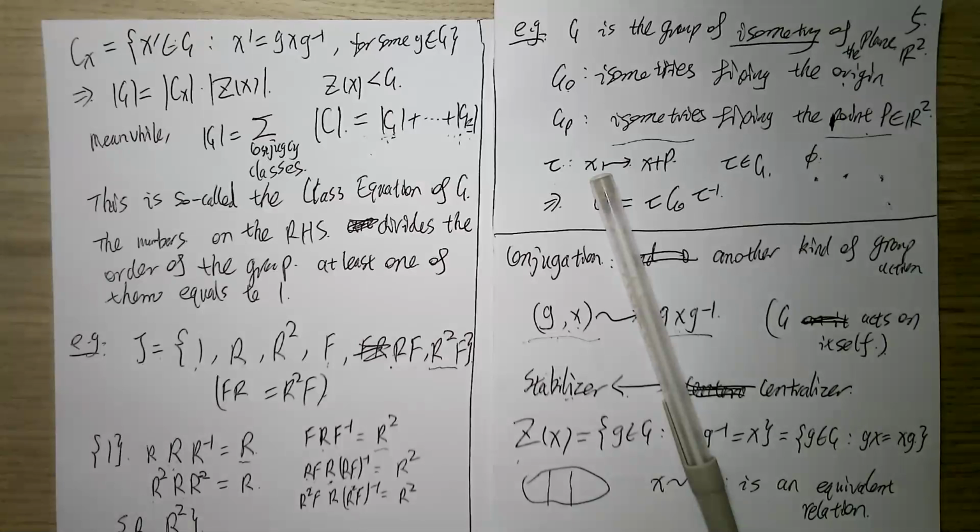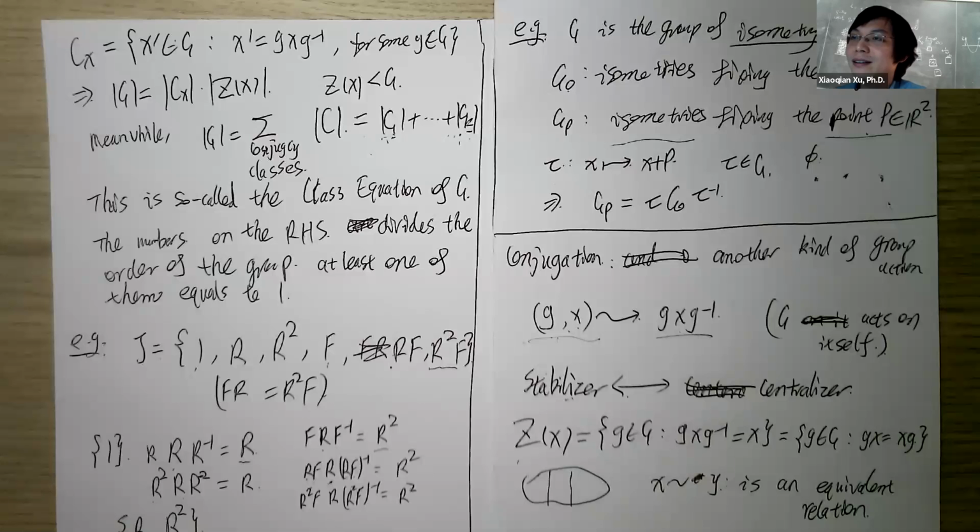That's very much like the right coset of R square by F, something like that. Well, that's true, but then how can you get a connection between cosets and this kind of conjugacy classes? That's not so easy.